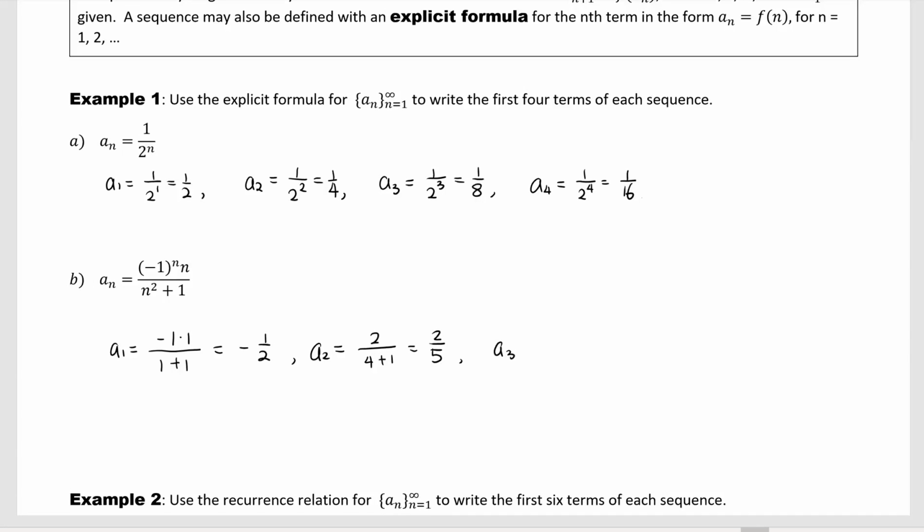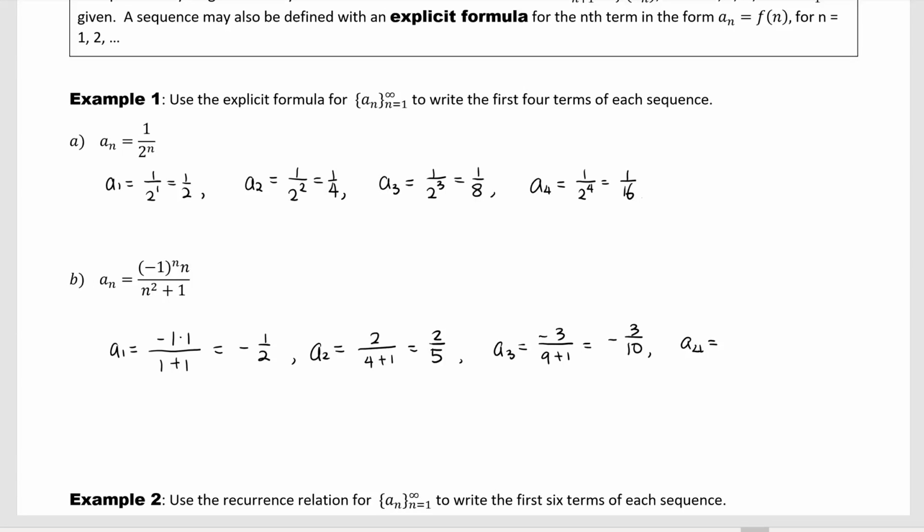Okay, a3, minus 1 to the cube is negative 1, so negative 3 over 3 squared, 9 plus 1, so that's minus 3 over 10.